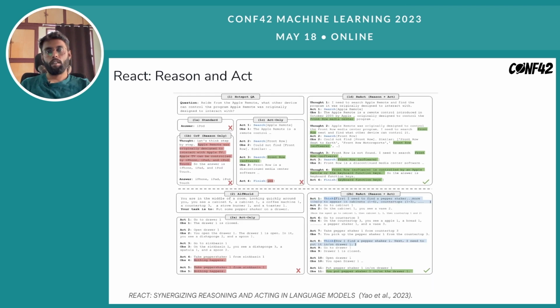Here the paper is ReAct, Reason and Act. In this paper, the authors, Yao et al., broke down a reasoning question to use a tool like searching or looking up Wikipedia, and then come up with an answer based on that.